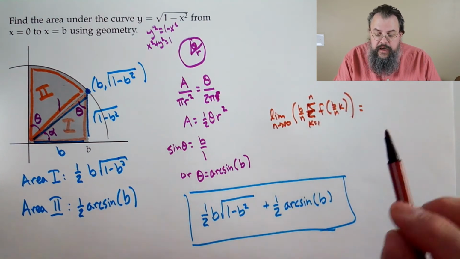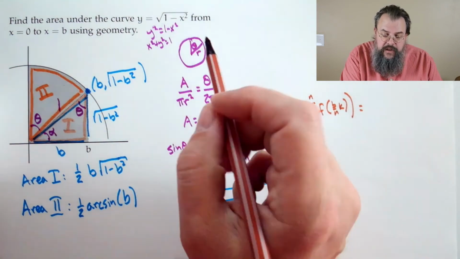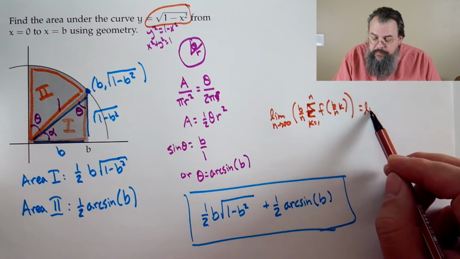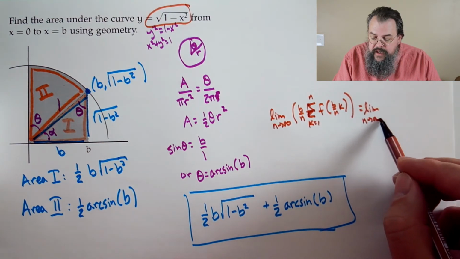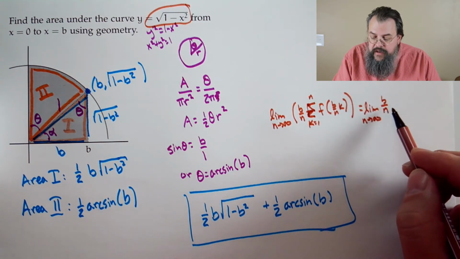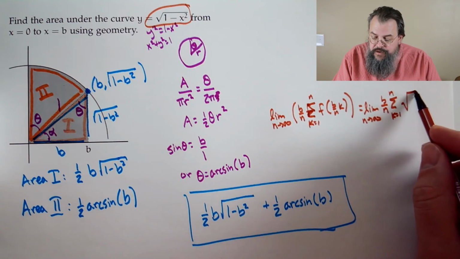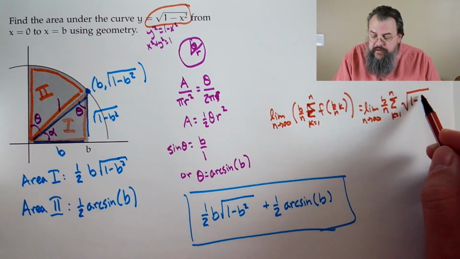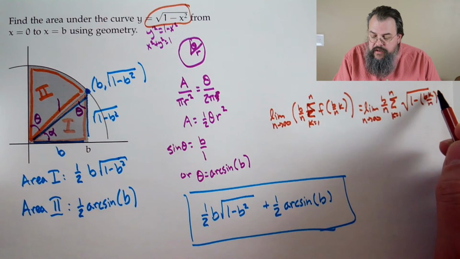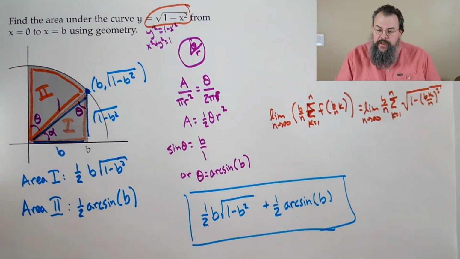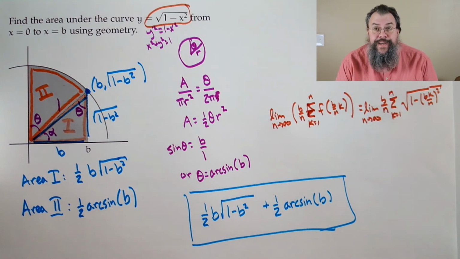Well, all right, we know our function. So this would be our limit as n goes to infinity of b over n times the sum, k equals 1 up to n, of the square root of 1 minus bk over n squared. Okay, well, yes, that's what it would be.